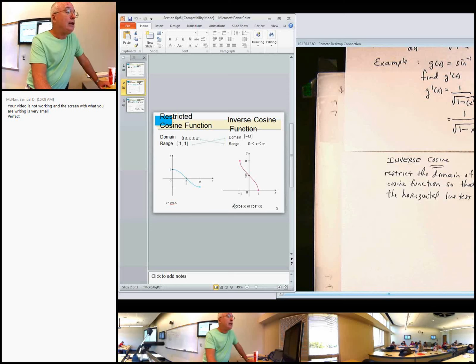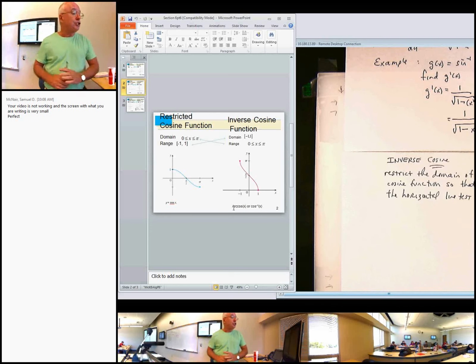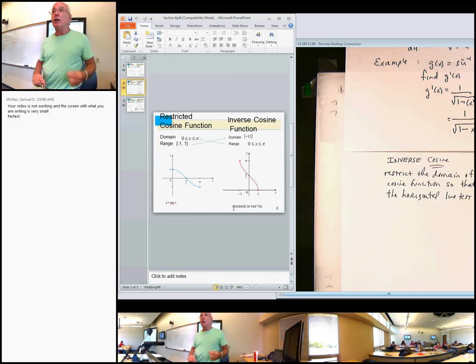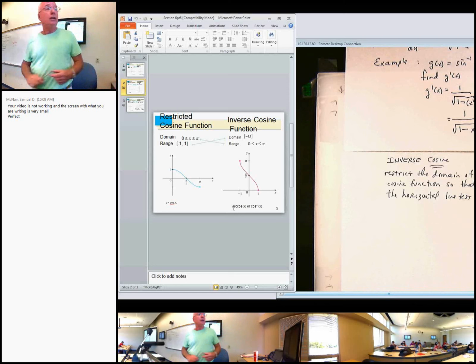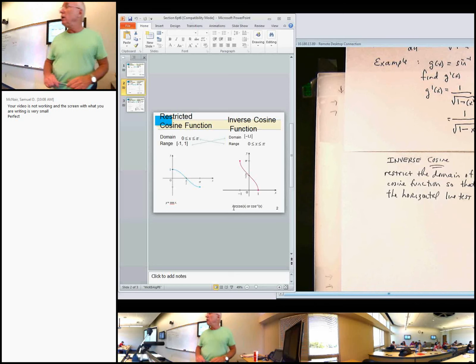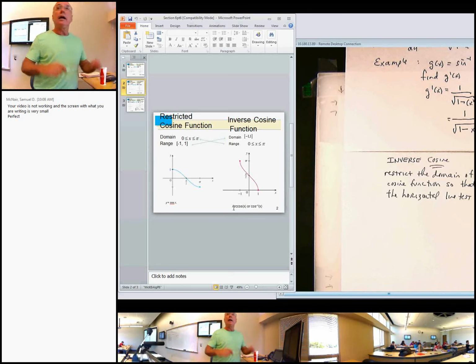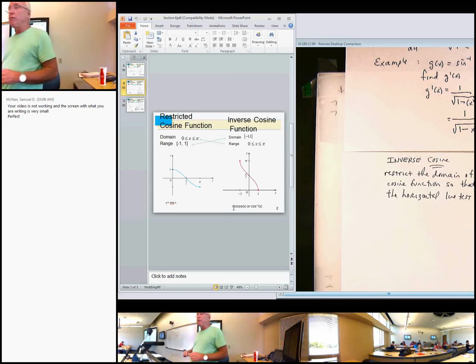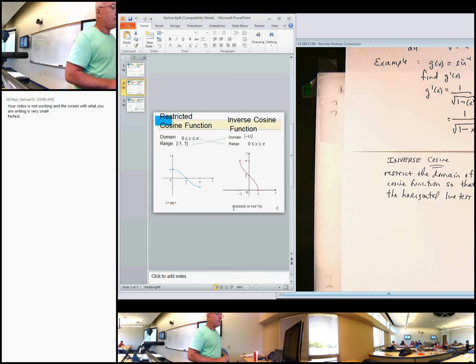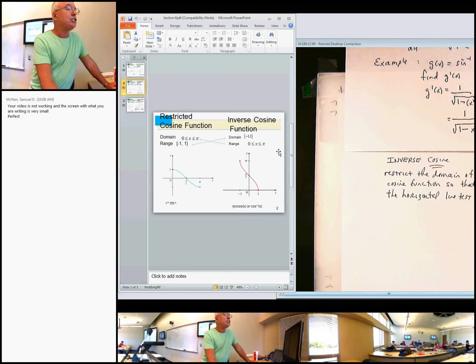And again, it's denoted by either arc cos, A-R-C-C-O-S, arc cosine, or the cosine with the -1, the cosine inverse. Either one. One of the important things to remember is the range of the cosine inverse function is from 0 to pi.